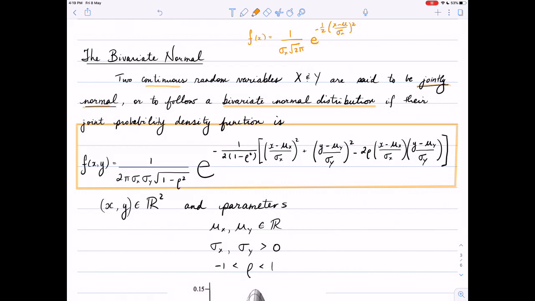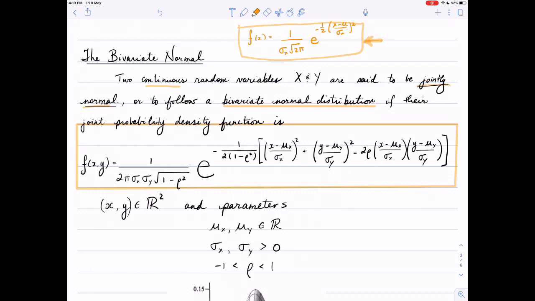So if we accept this one as being familiar now, almost delightful, one might think, if you can recognize this one, then the joint one is not that far off.